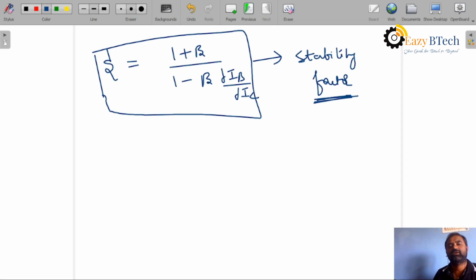What is the stability factor? Change in IC with respect to IC naught, meaning the collector current changes with respect to the reverse saturation current, leakage current or minority current, or change in IC with respect to beta. As the beta value changes, definitely the collector current may change.